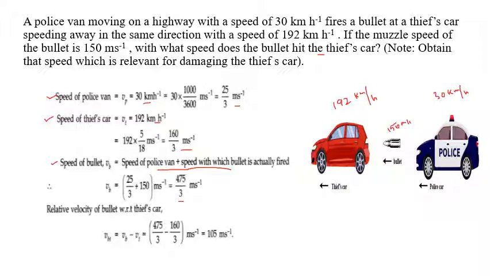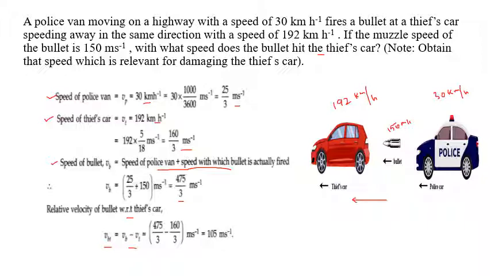Okay, and relative speed of the bullet with respect to the thief's car. So what is the relative velocity? VBT, bullet with respect to thief, right? So VBT equal to VB minus VT. Why is it so? See, the bullet as well as the thief's car are both traveling in the same direction, right? So if both the things are traveling in the same direction, what will be the relative velocity?